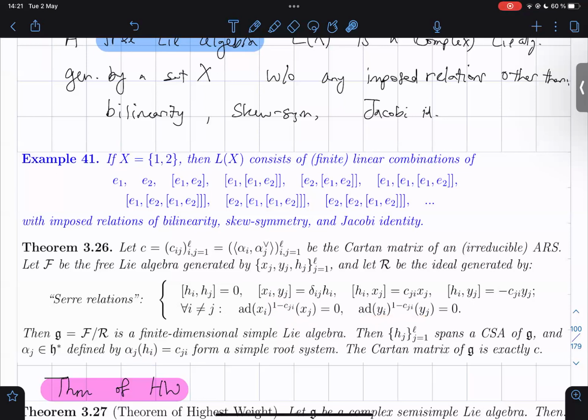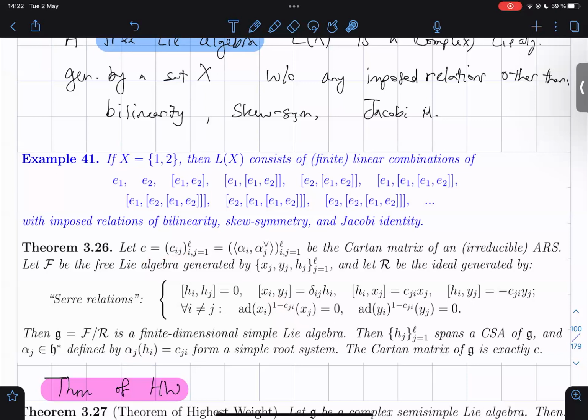These are all quite natural relations, but what's remarkable is that this is all you need. Aside from these natural relations, that's it. You do this quotient construction, and then you end up with the original Lie algebra, or a simple Lie algebra with this Cartan matrix as your seed data.